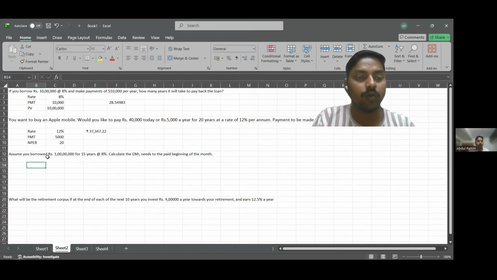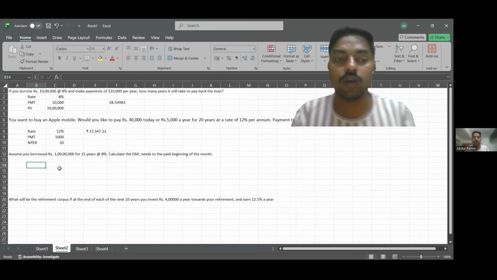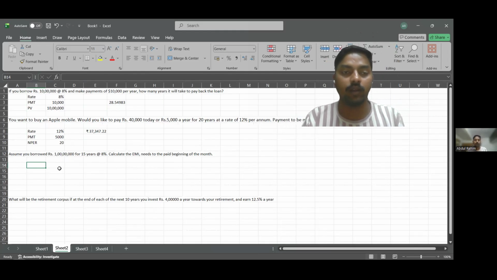Third one is, assume you borrowed 1 crore for 15 years at the rate of 8%. Calculate the EMI to be paid at the beginning of the month. So here we need to calculate the EMI.